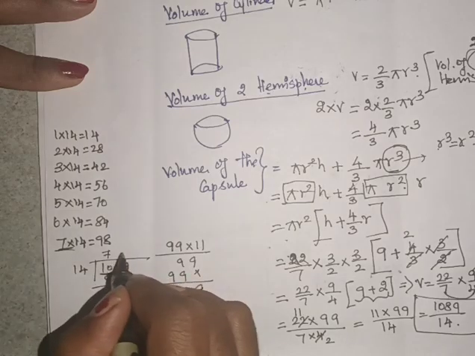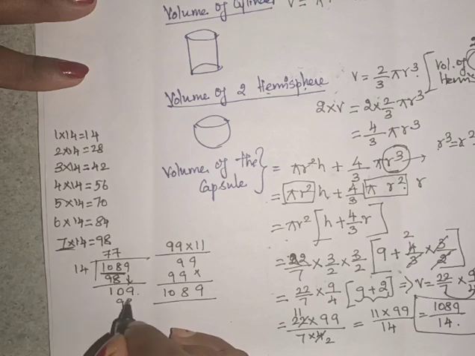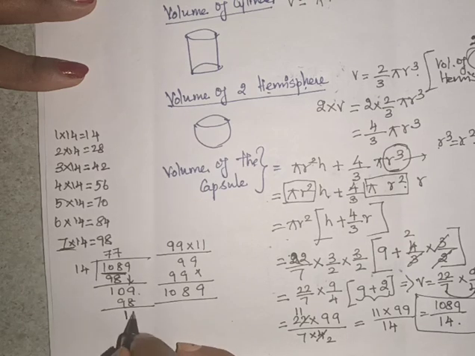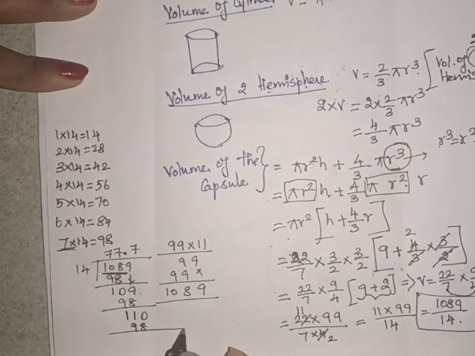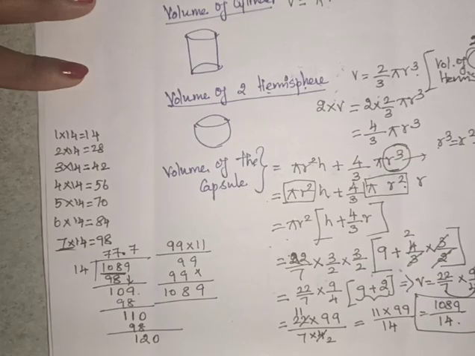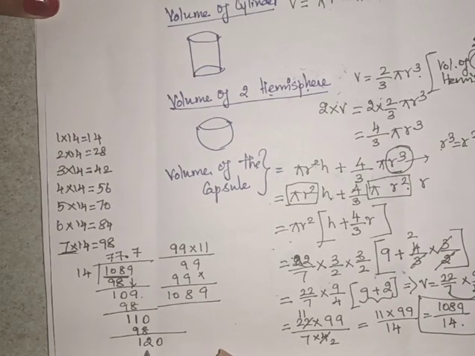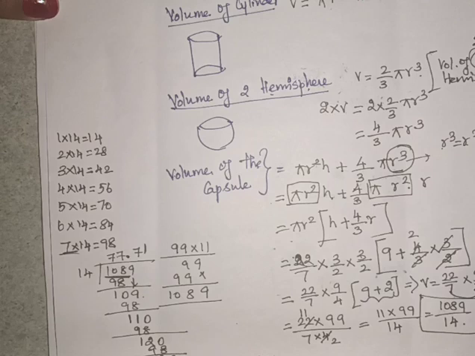109 is also 7 times 98, remaining 11. Point, again 7 times 98, remaining 12, 120, remaining 22, 1 times 14, remaining 8.